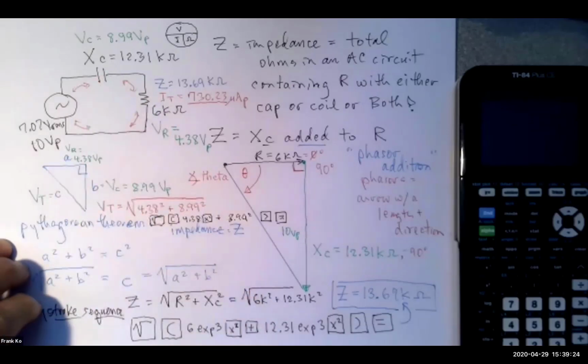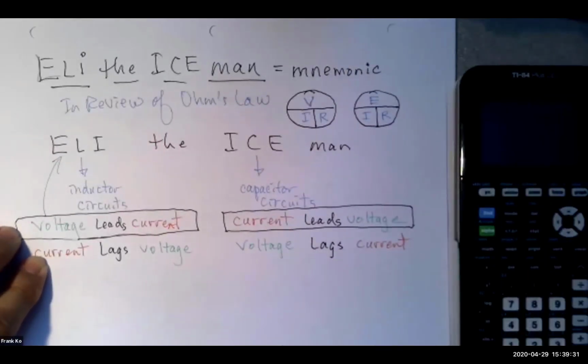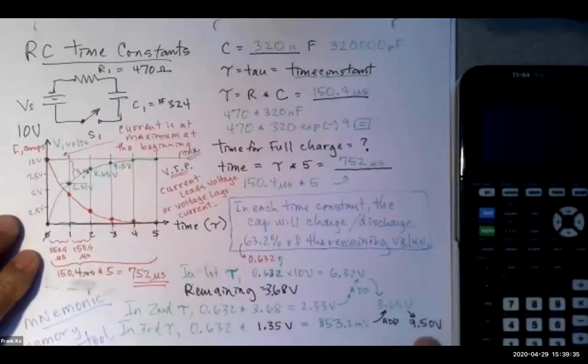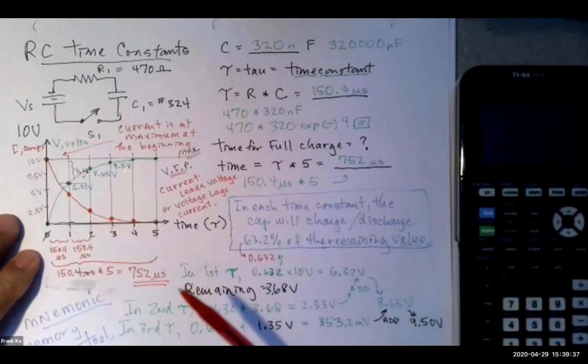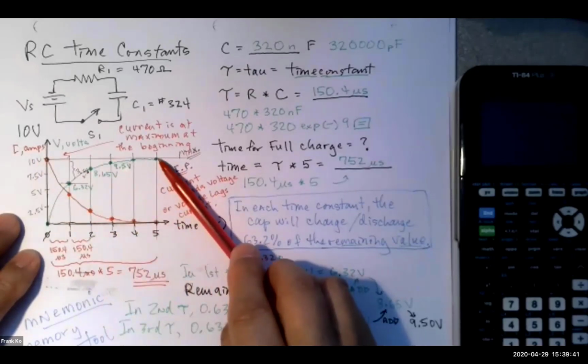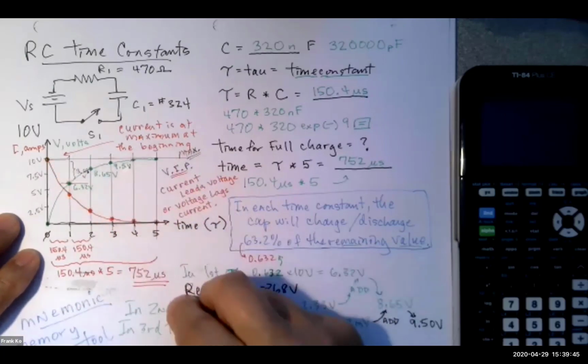Because of our friend, Eli the Iceman. How does Eli the Iceman come about? Because of our discussion of RC time constants. In RC time constants, we know that current will lead voltage, and it leads voltage by 90 degrees. So they are clearly out of phase with each other.